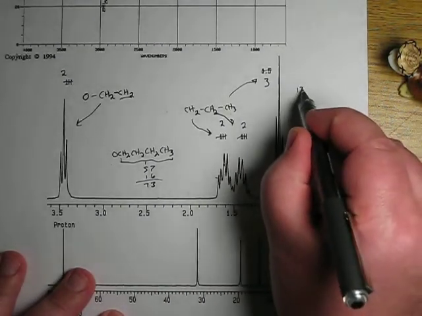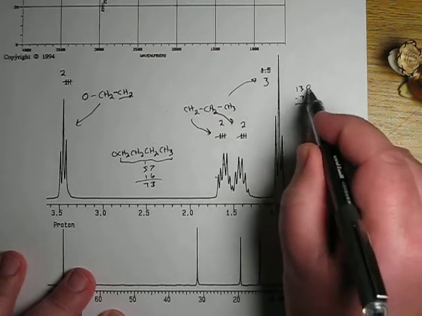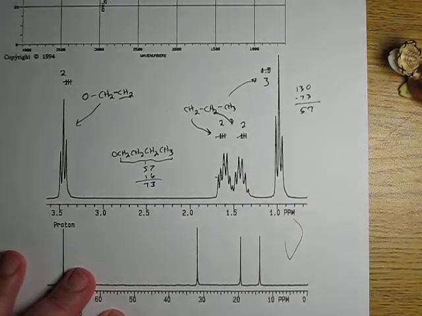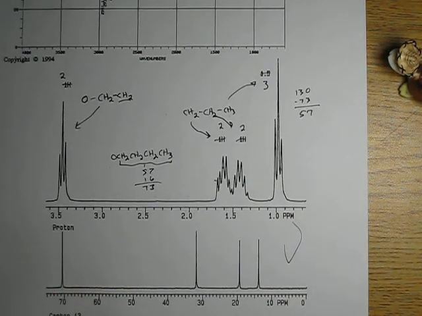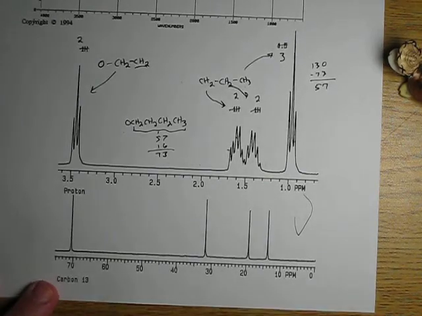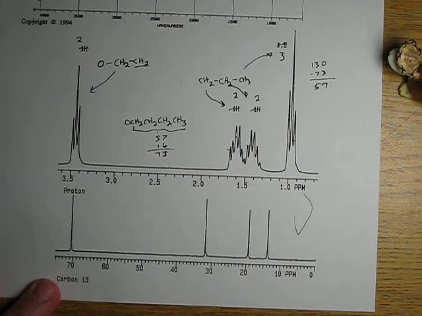So 130 minus 73 is, carry the 57. So somehow I'm missing a mass of 57. But it's weird because I only have 1, 2, 3, 4 carbons showing. Here's all my hydrogen. So what has a mass of 57 with no carbons or no hydrogens?